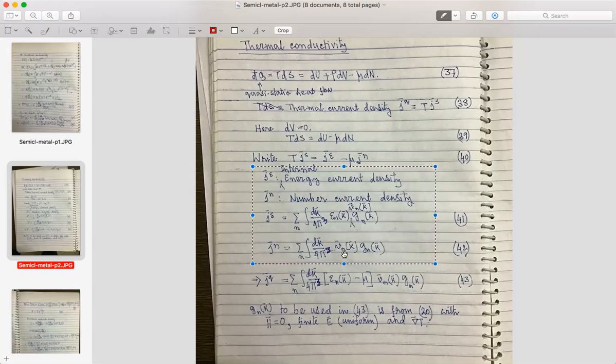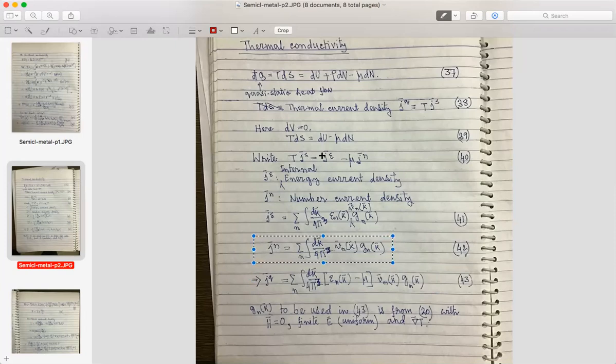Similarly, the number current will simply be the integral over the velocity and the distribution function. Equation 42 is the number current, which is simply the integral over V and G.